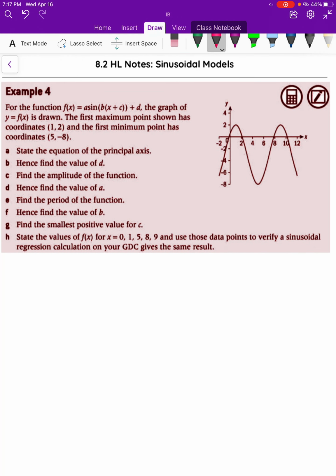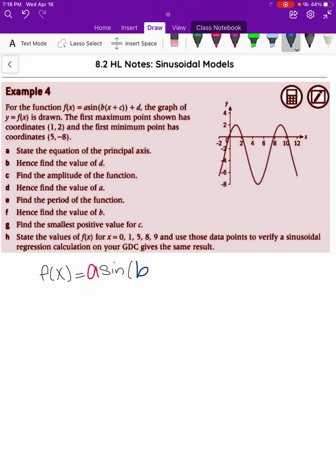So for example 4, we have our general equation, which is f of x, and I advise writing relatively small because there's actually a lot of things we have to do for example 4, and although you have about half a page or a little bit more than half a page on page 11, it's not going to be enough.